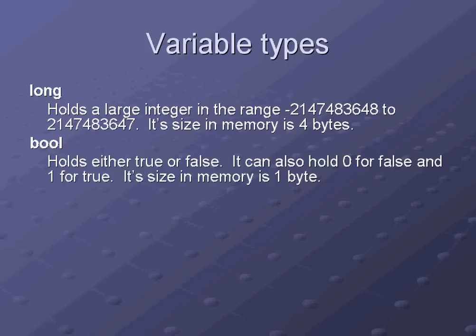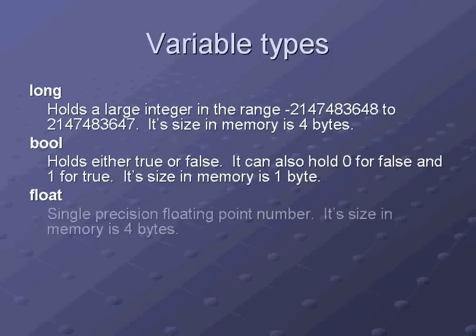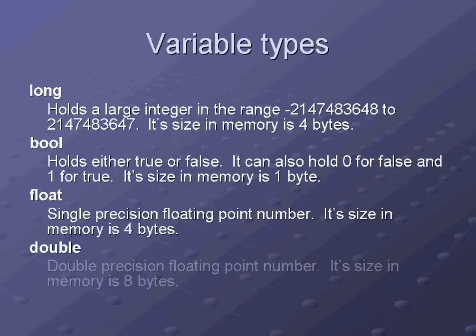And now we start hitting the decimals. We have a float, which is a single precision floating point number. Don't worry too much about that. Just know it's a small decimal, and it holds 4 bytes in memory. Then we have a double, a double precision number, again for floating point, hence its name. It doubles its size, so it holds more decimal places.